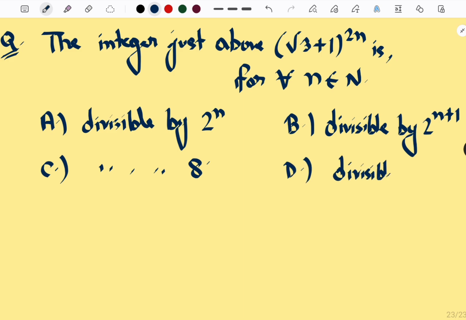Now this obviously is a nice question where divisibility as well as the integral part of a binomial are both involved.